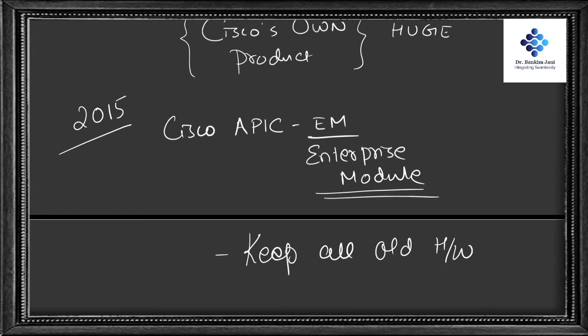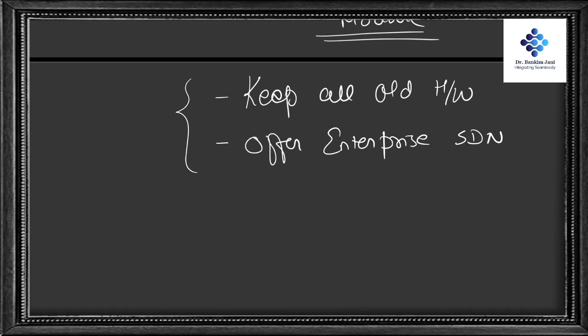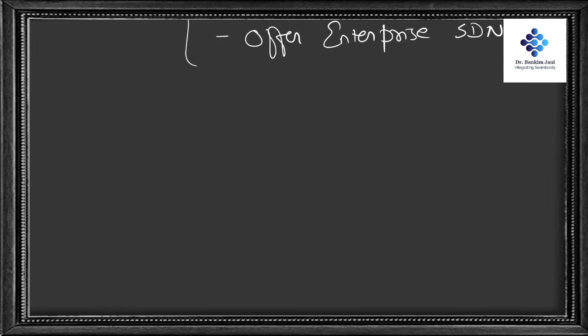I'm giving you something which can be used even for your current infrastructure. And it offered enterprise SDN. Now people were happy, but there is a limitation. He said that we can't do everything, but it will still ease your troubles.